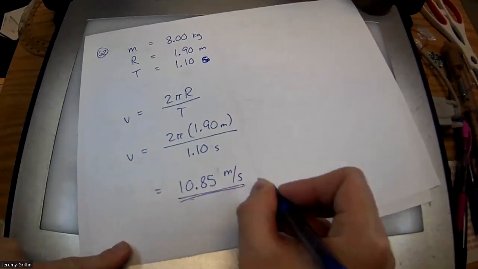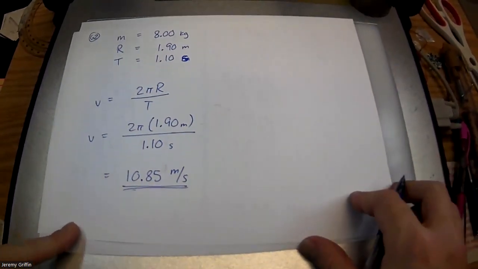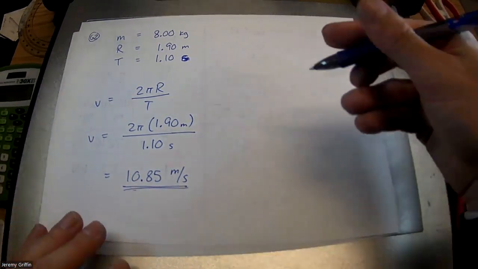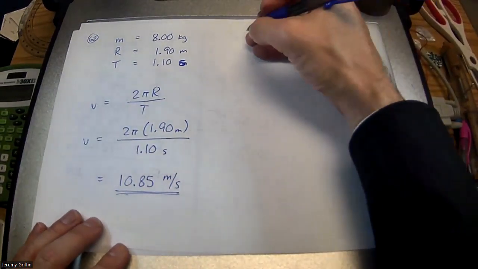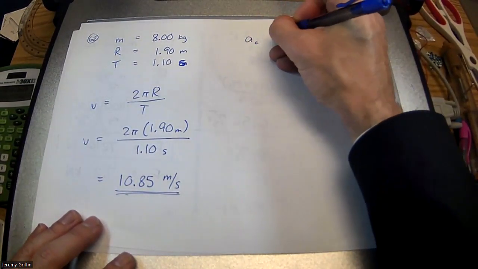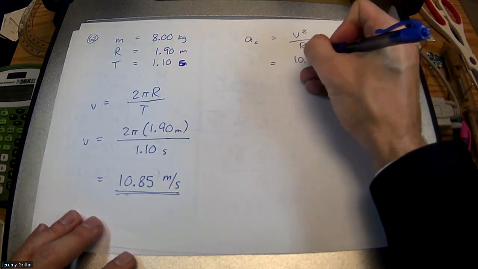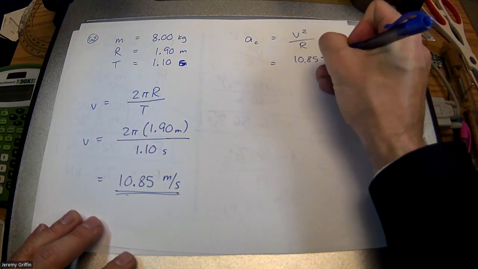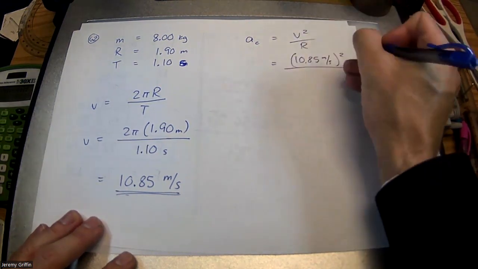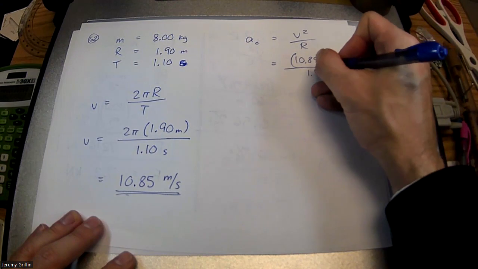Then you can use that speed to calculate centripetal force and centripetal acceleration, which have pretty similar looking formulas. The centripetal acceleration is just v squared over r. So take this many meters per second, square that, divide by the radius of curvature.